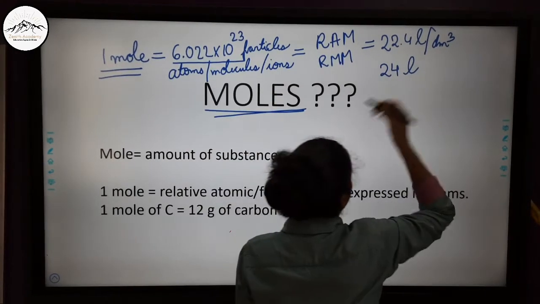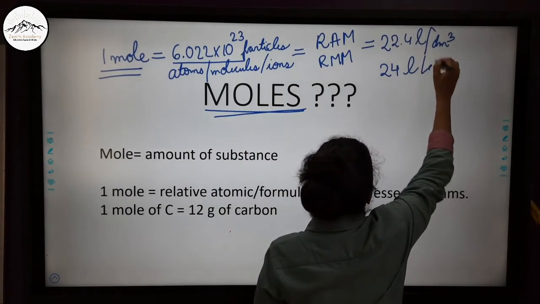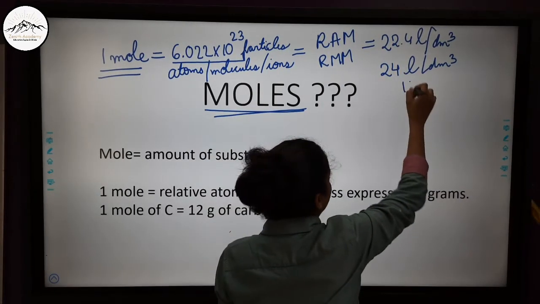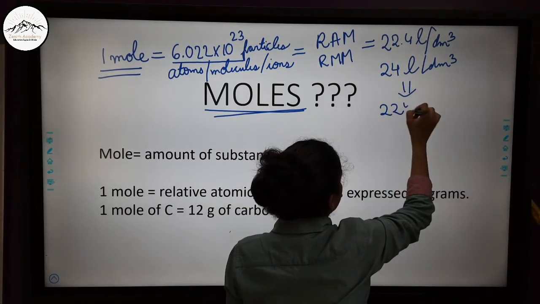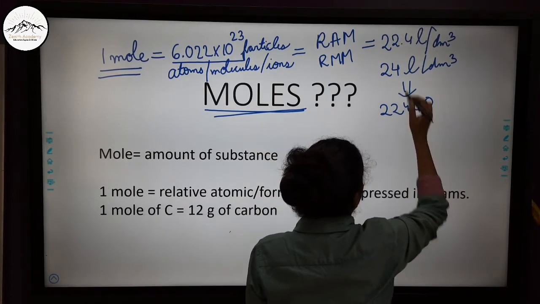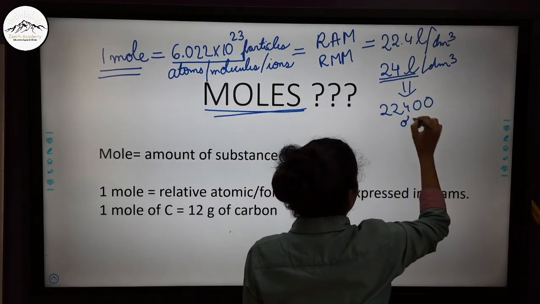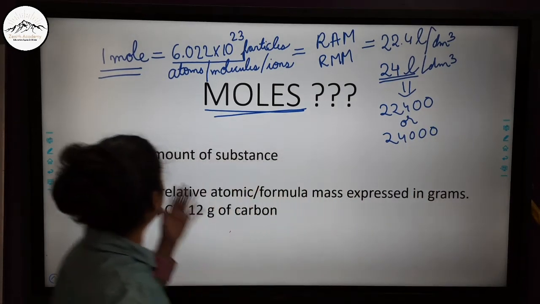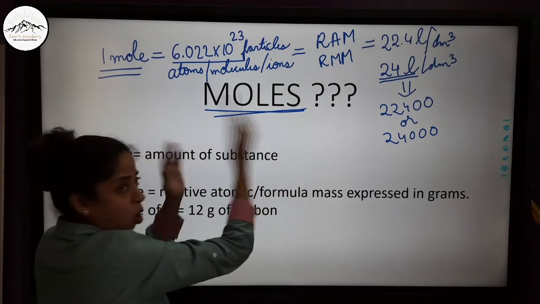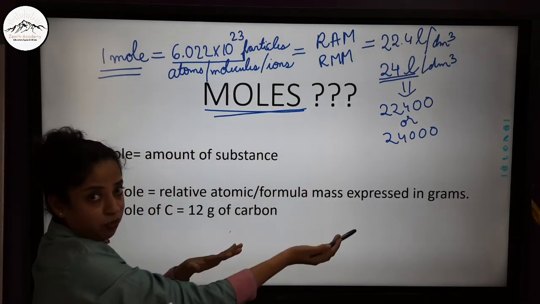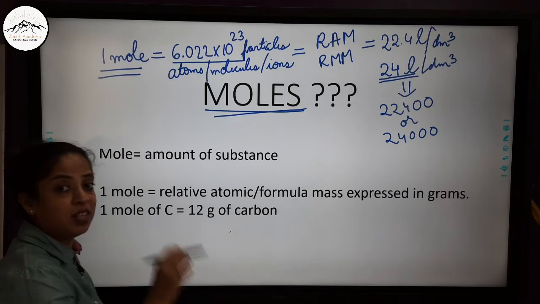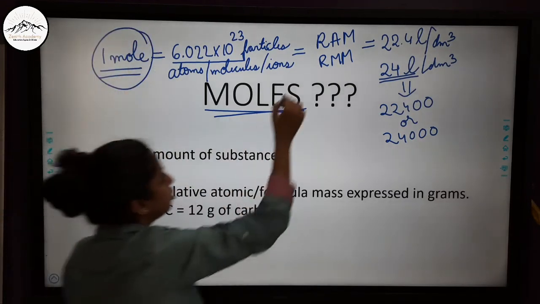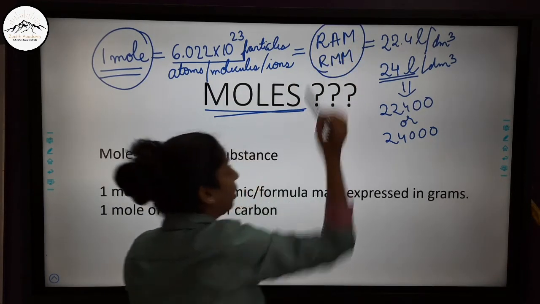So when you convert into milliliter or centimeter cube, it becomes 22400, or if it is 24, then it becomes 24000. Right? So mole is related to all of them, and all of them are interrelated. This is a magical formula, right? But here in this video lesson, we'll be talking about the relationship of number of moles to relative atomic mass.